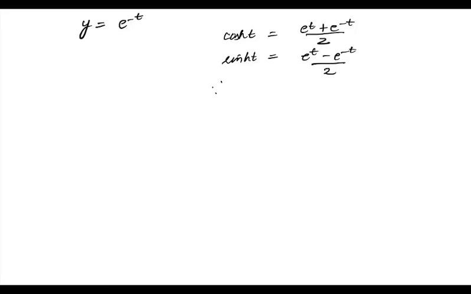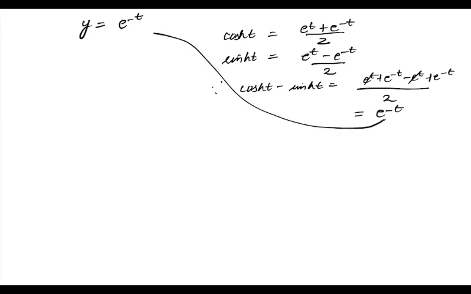If we subtract these two, cos hyperbolic t minus sine hyperbolic t, the terms cancel out and we get exponential minus t, which is our solution. Therefore, y is exponential minus t, or we can also write it as cos hyperbolic t minus sine hyperbolic t.